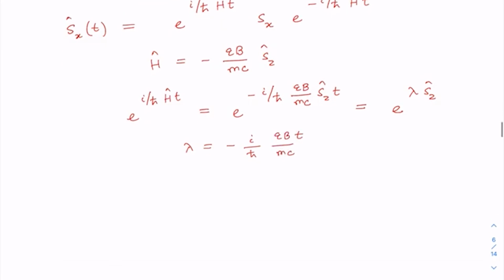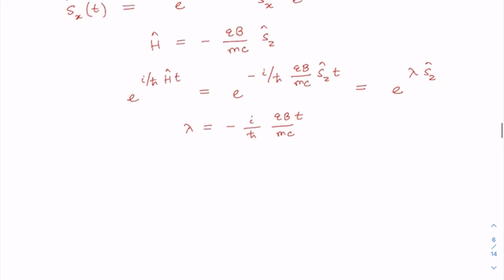So, exactly like the previous problem, I can have S_x of t equal to e to the power lambda S_z, S_x, e to the power minus lambda S_z.